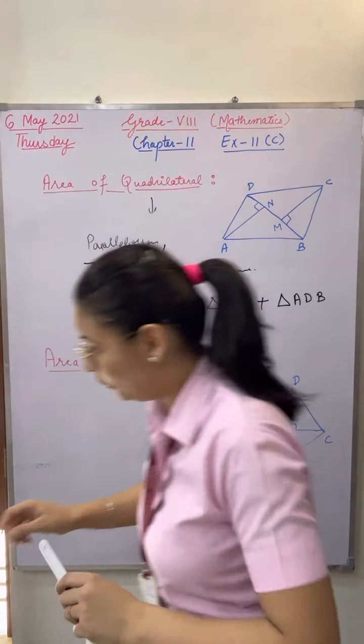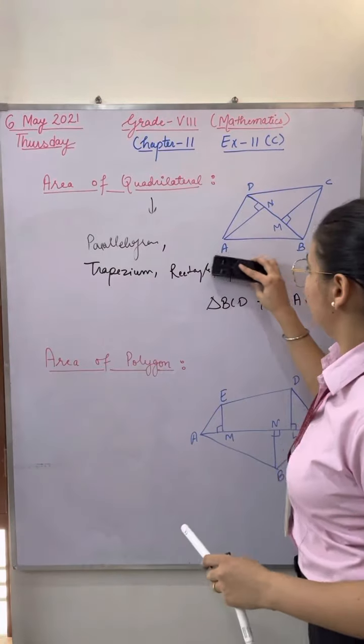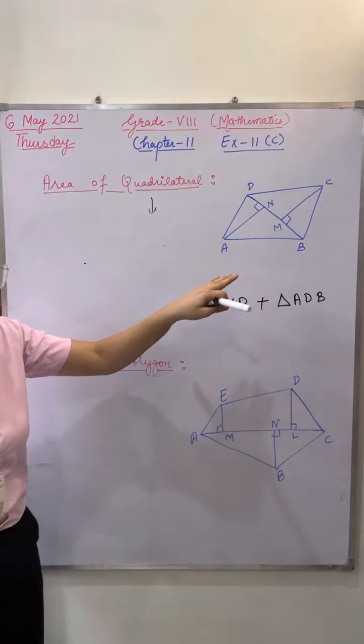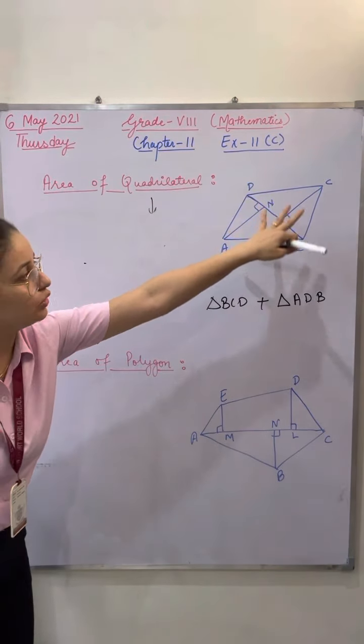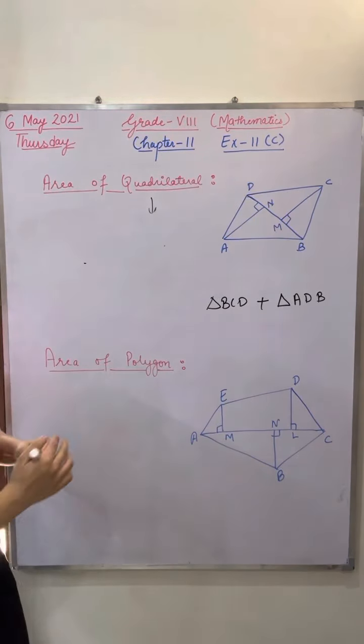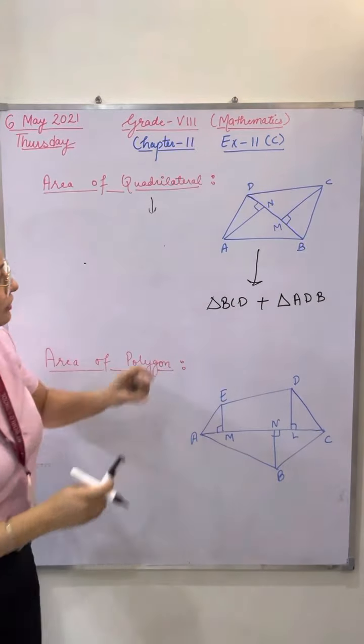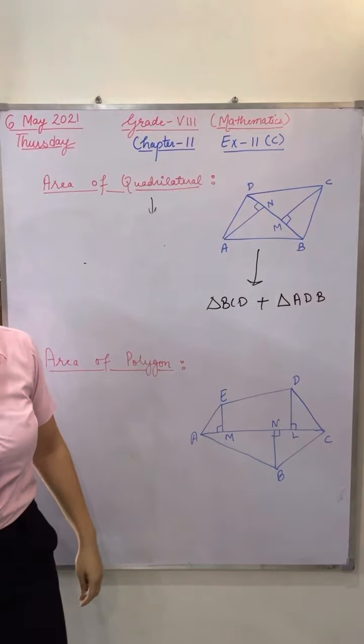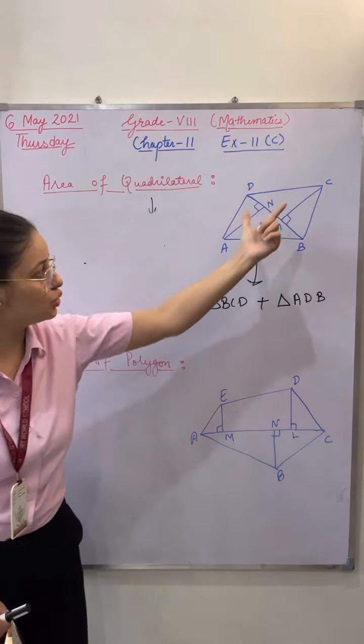If I want to take out the area of this particular figure, I can take out the area of these two shapes. You have to take out the area of these two triangles.